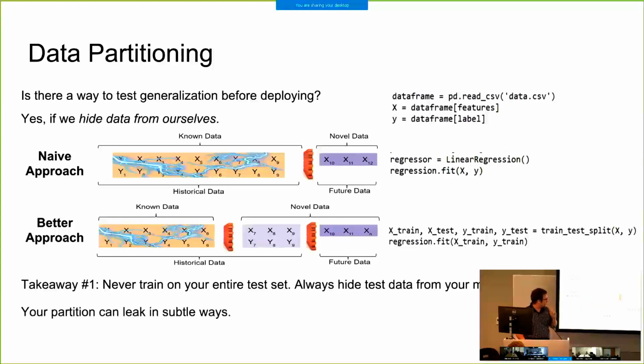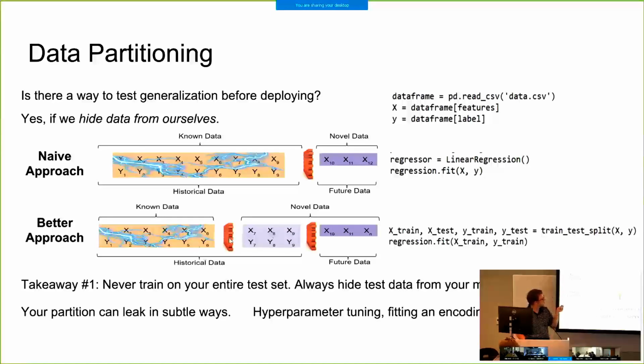But as Nathan pointed out, there are more subtle ways in which you need to be aware of this distinction of data partitioning. This wall of bricks, if you will, right here, can leak in subtle ways. So for example, when you're hyperparameter tuning, when you're fitting and encoding, or you have some research degrees of freedom with regards to feature engineering, this data right here can become compromised.